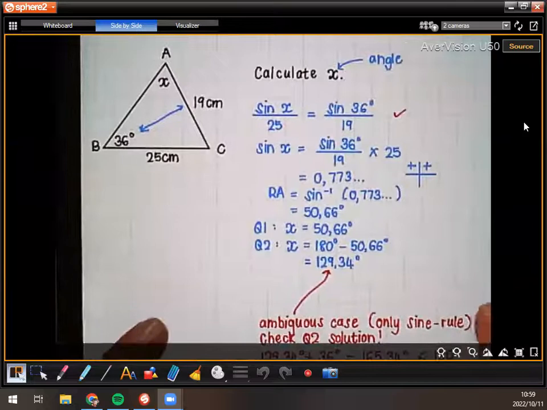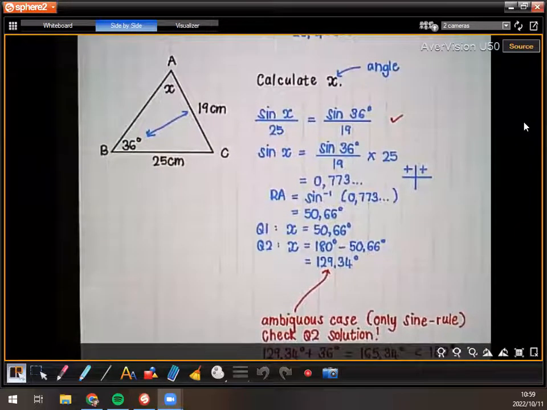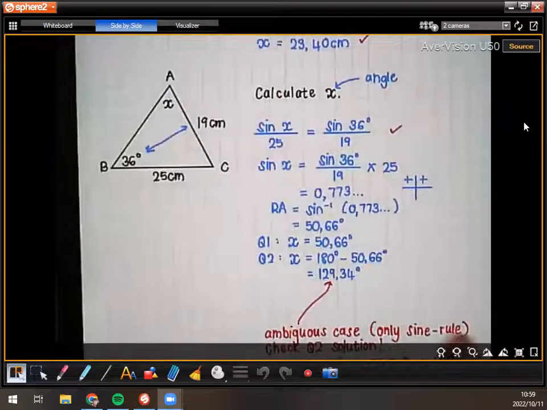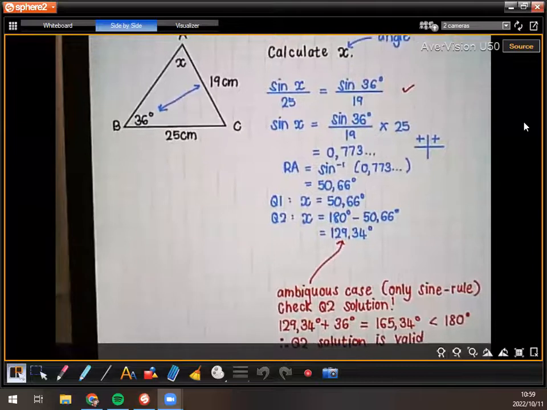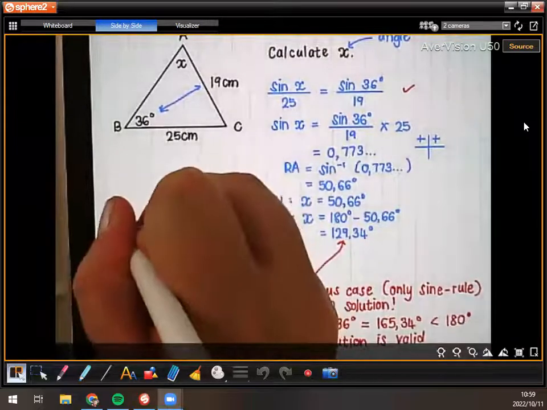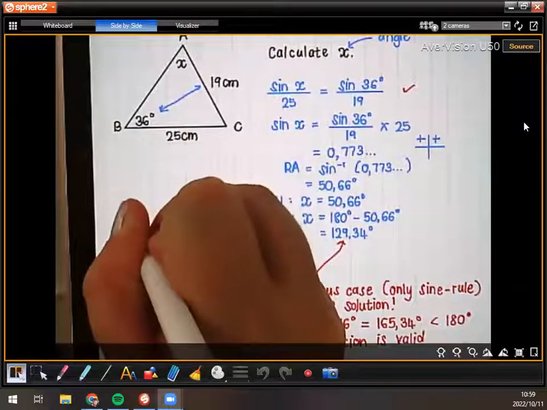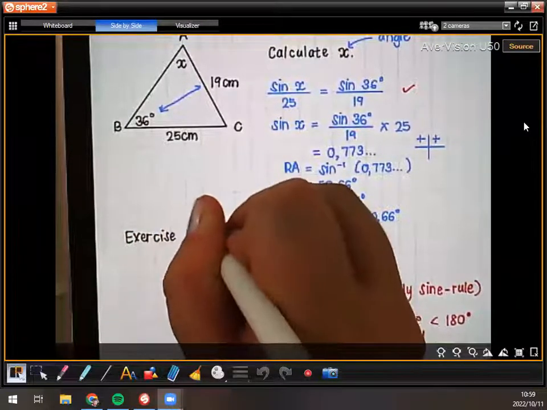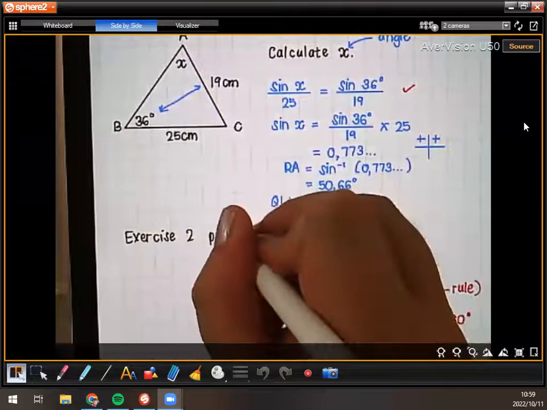All right, I'm going to give you guys a few to practice on your own. I'm just going to check quickly what the ambiguous case thing is in this exercise, so I'll tell you. All right, so it's exercise 2 on page 216.